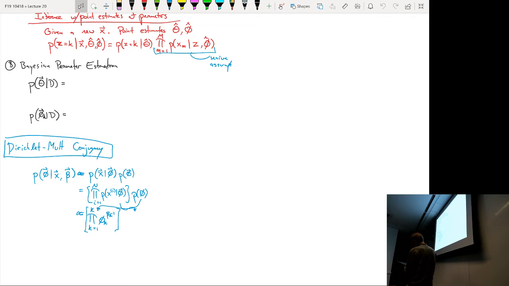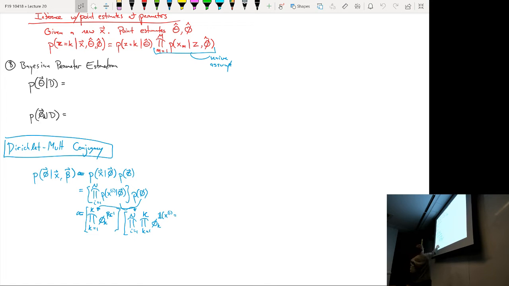So our likelihood term is going to be a product from i equals 1 to n, and a product from k equals 1 to capital K, where for each one we're going to have phi sub k raised to the power, and this is the fun part, a little indicator as to whether xi is equal to k.